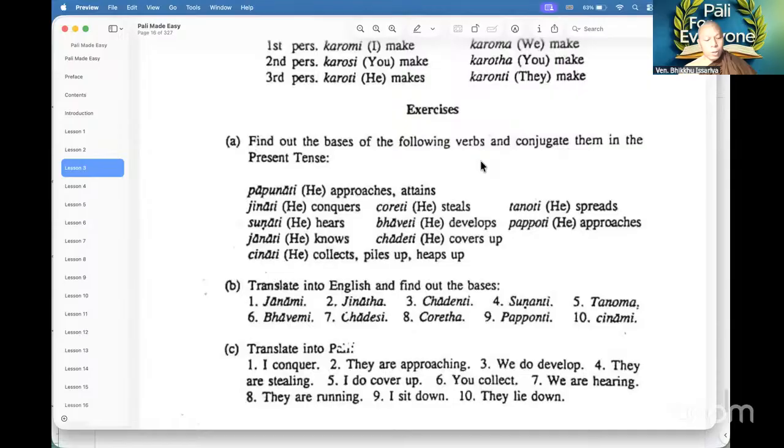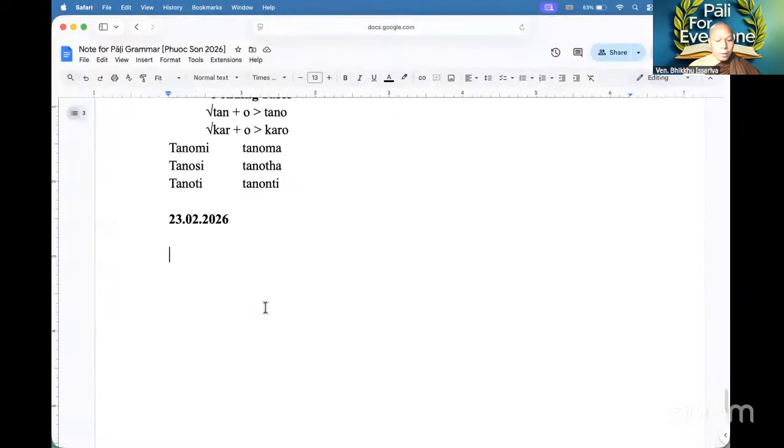Okay, so now to find that out, the first verb is babunati. We should start from the back, the first step.